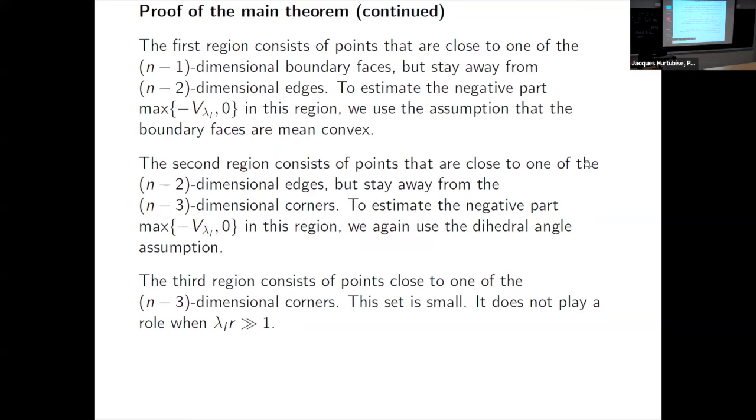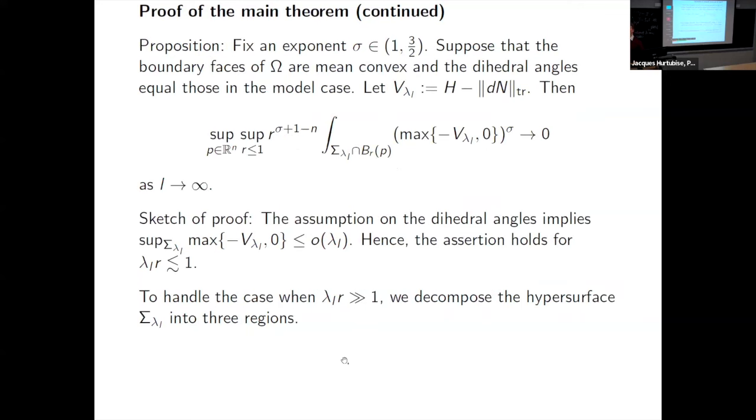And then you have a second region consisting of points that are close to an edge, but that stay away from the n-3 skeleton. And then you have a third region having to do with the n-3 skeleton. And then you can show that in each of these regions, you get a small contribution. Okay, so this is just to make precise the statement that this V is almost non-negative. So its negative part is small, and this estimate makes it precise.